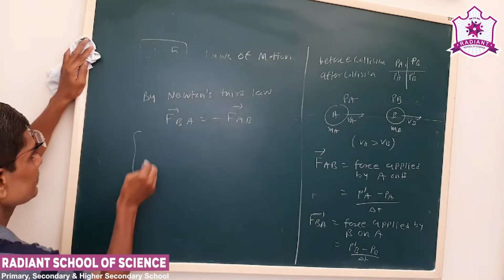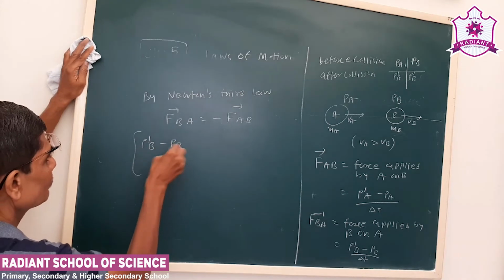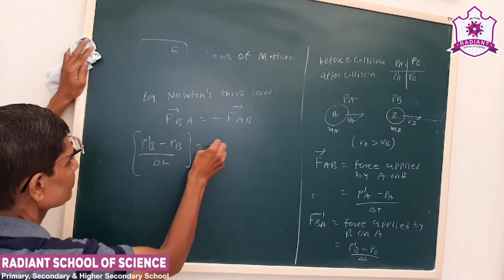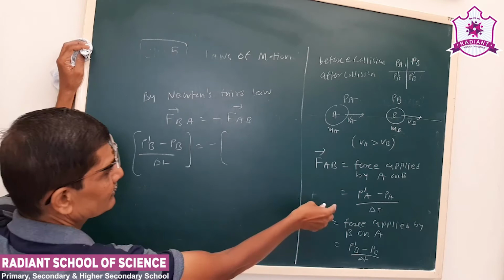So P dash B minus PB upon delta T is equal to minus FAB.